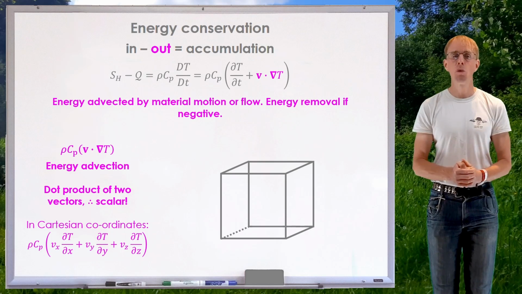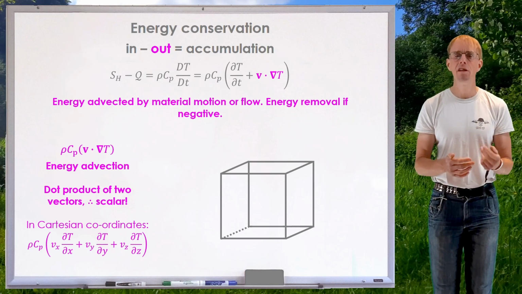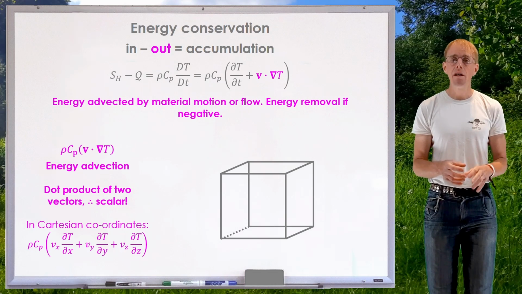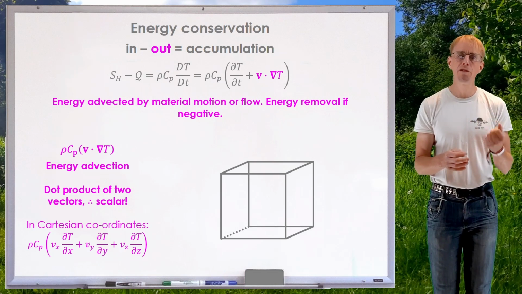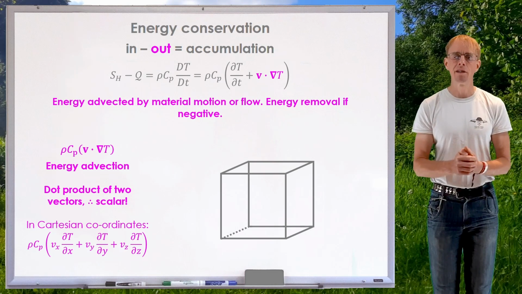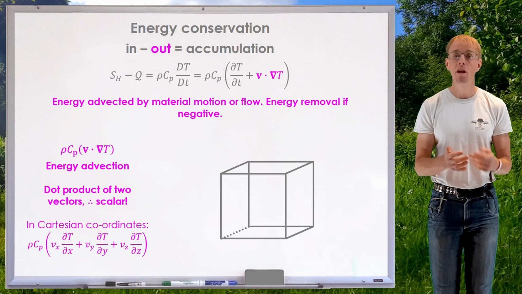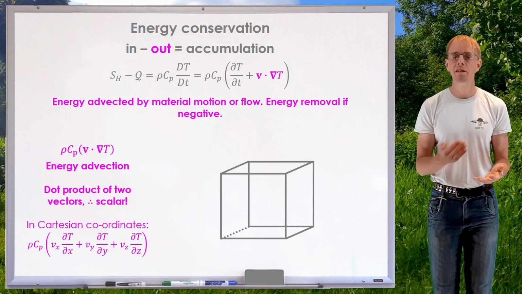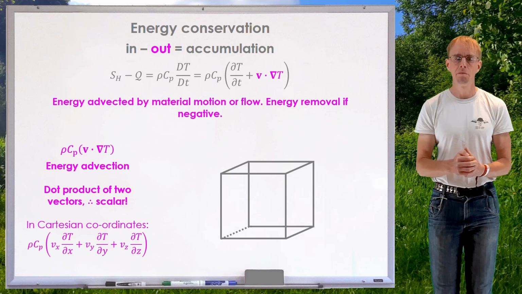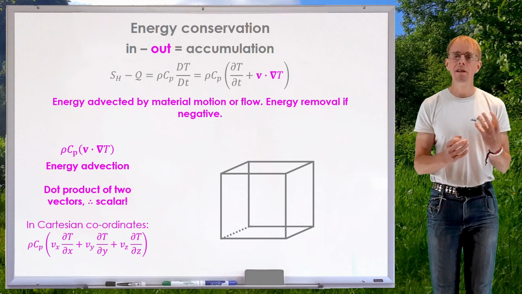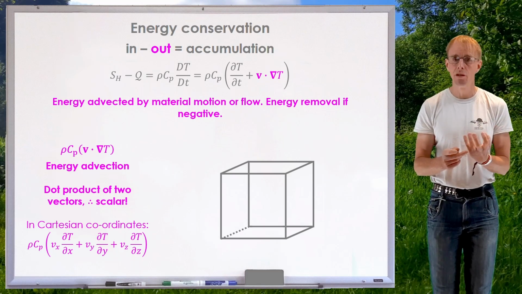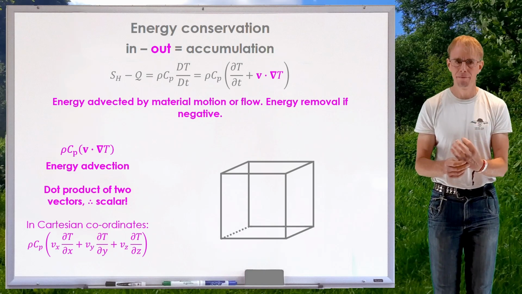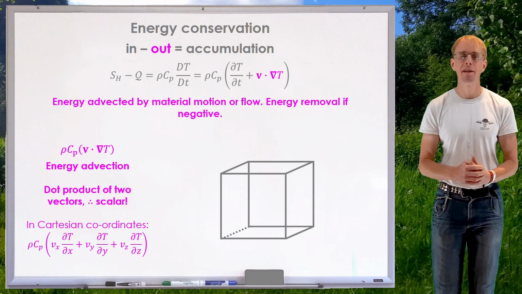For my Cartesian coordinates, it's dT/dx, dT/dy, and dT/dz. So if I use the dot product between that velocity vector and that temperature gradient vector, I simply get Vx dT/dx plus Vy dT/dy plus Vz dT/dz, as I've written there on the board. And we can see that it is a velocity in a particular direction multiplied by the temperature gradient in that same direction, and then all of those terms added together.